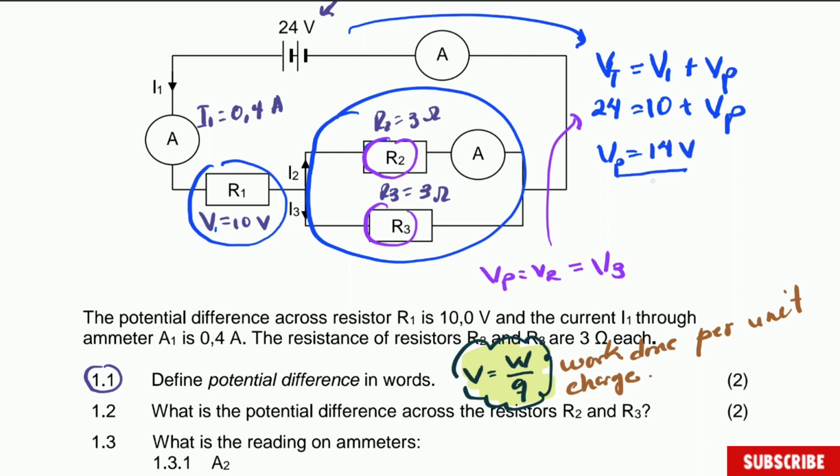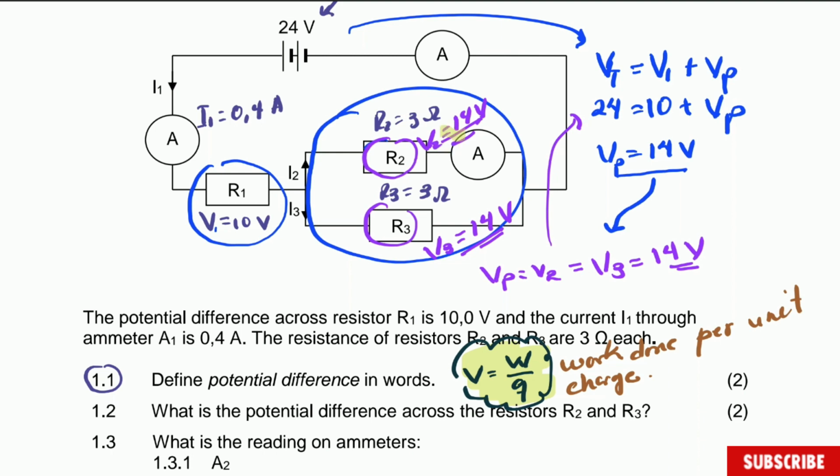And if we apply this to this side here, it means that the potential difference is equal to 14 for each of them. The potential difference here in 2 is equal to 14 volts, and the potential difference here in 3 is equal to 14 volts. I hope this is clear.